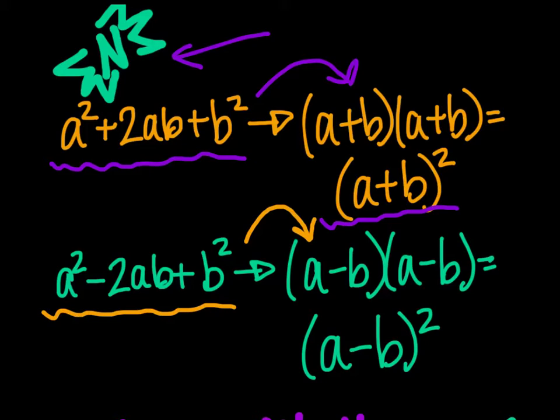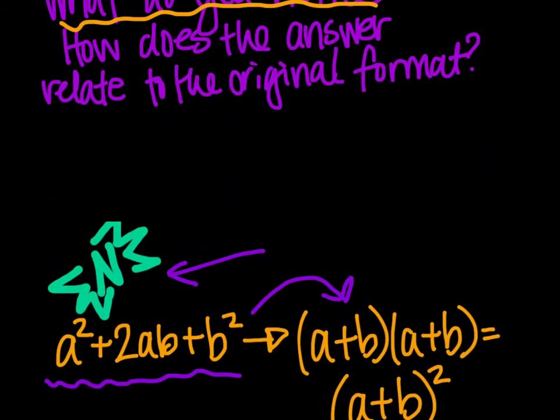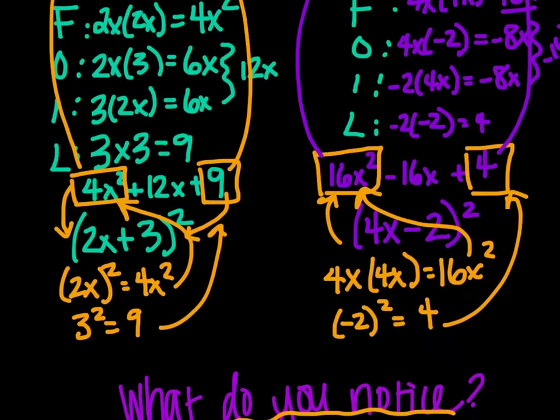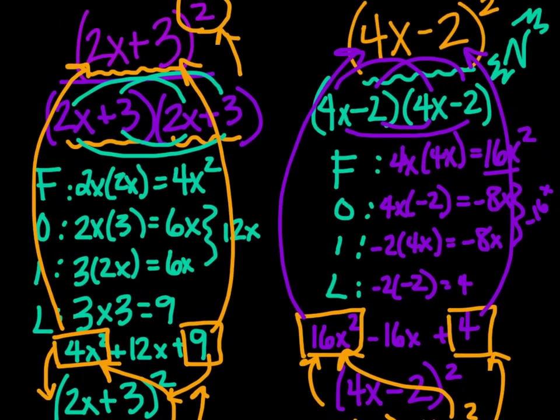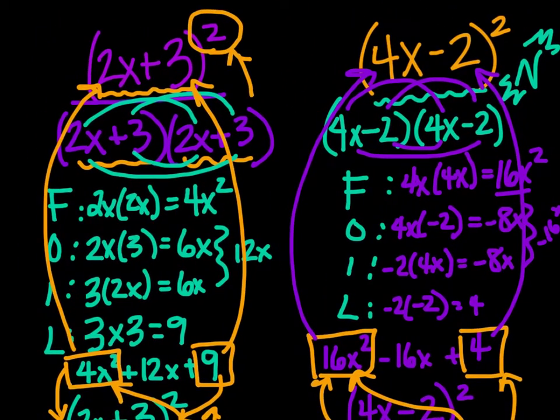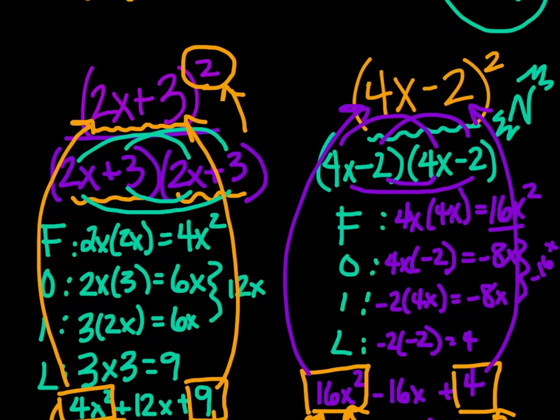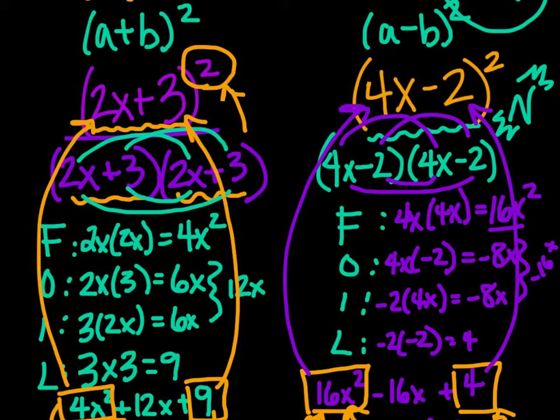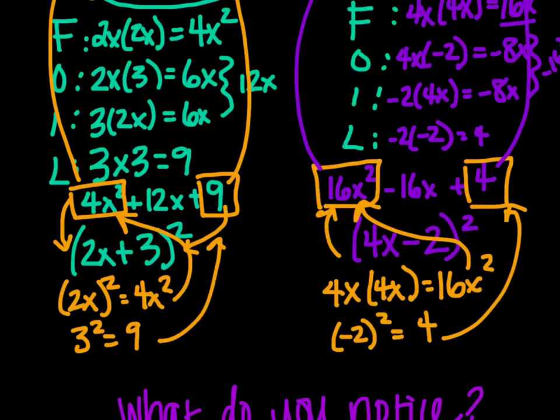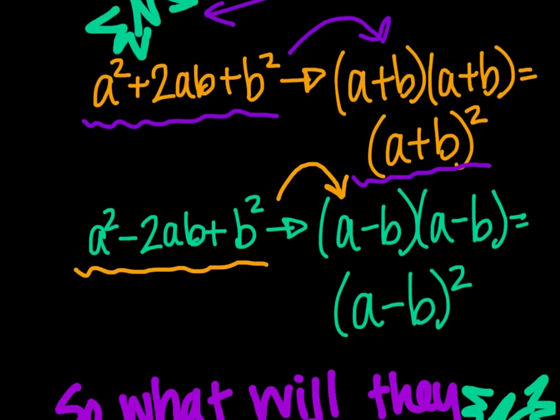If we go back and look at our original problems, 2x plus 3 squared is essentially a plus b squared, and 4x minus 2 squared is essentially a minus b squared. Same format, ends up being the same thing as this situation.